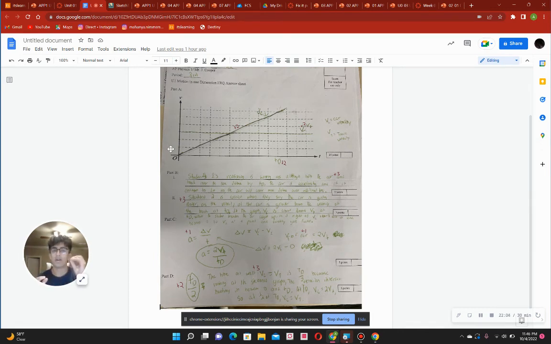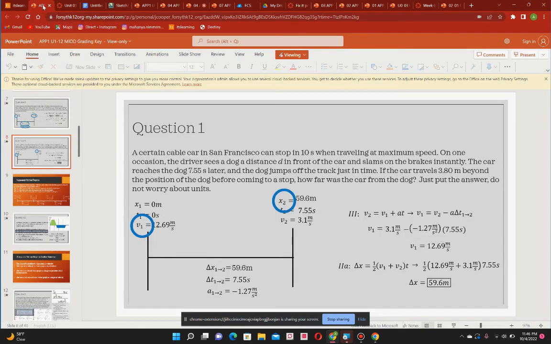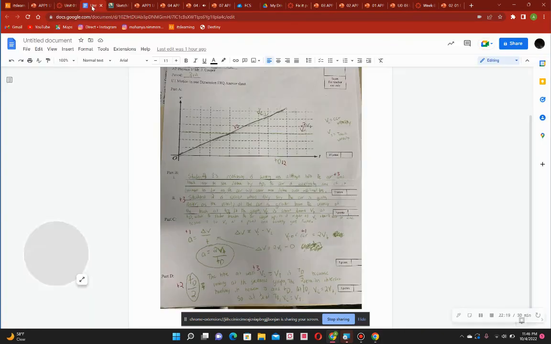But every single WebAssign question had to do with using kinematic equations, and it would have applied to segmented motion, which I showed over here. This can be applied. This is actually very similar to a warm-up that we had, which is this over here. And so going back to the FRQ, now I can go ahead and just talk about my mistakes.